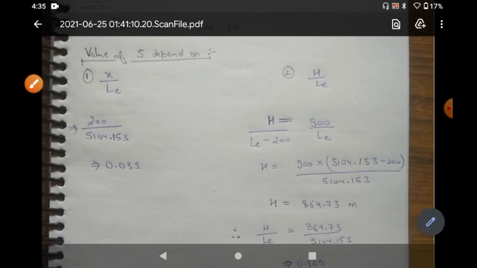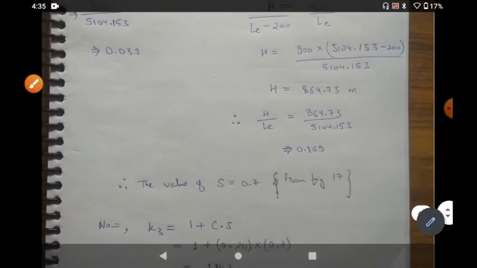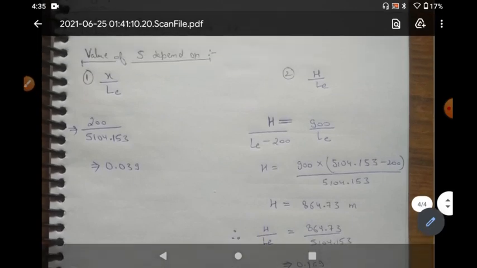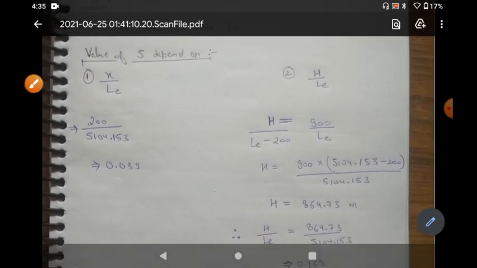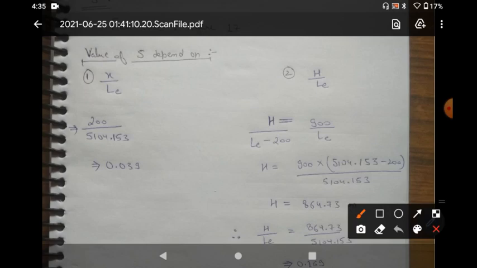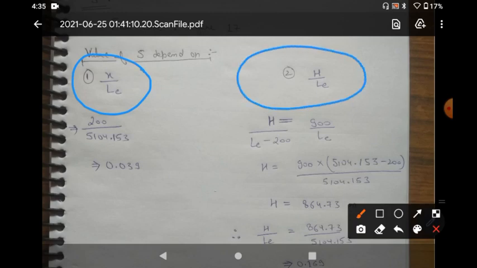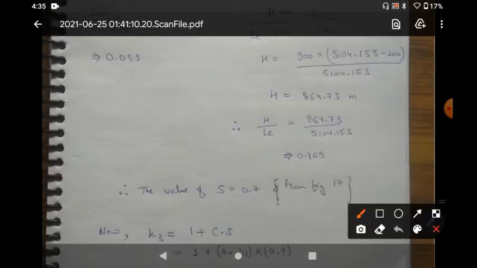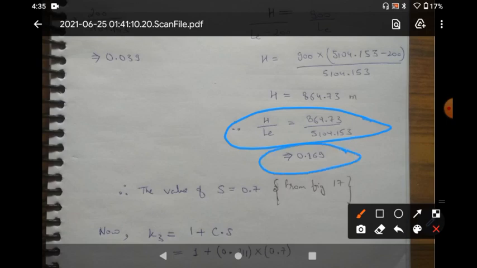So after that we will calculate the ratio of H by LE that we need to find according to the conditions given to us for finding S. The first condition is the ratio of X by LE, and the second condition is H by LE. So now here you can see, put the value of H in this formula, and from there we would be able to find the ratio of H by LE, that is 0.169.